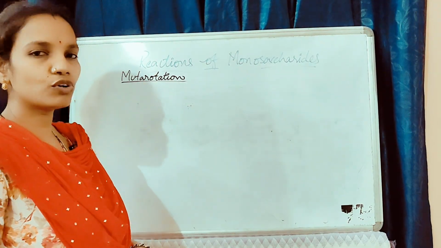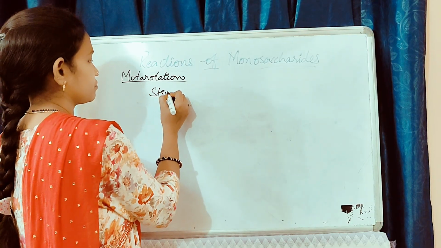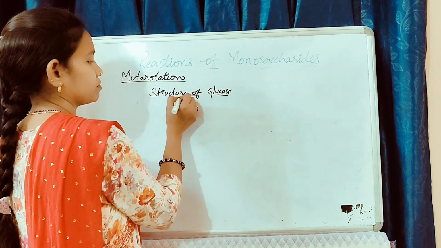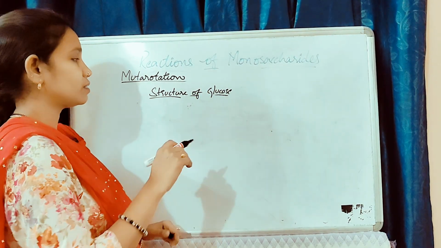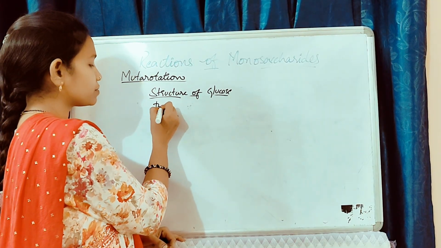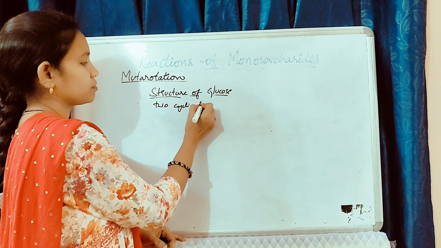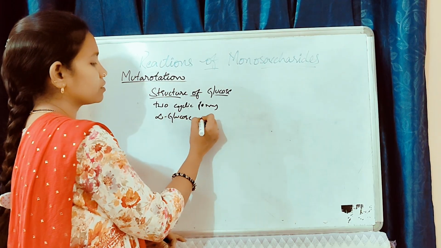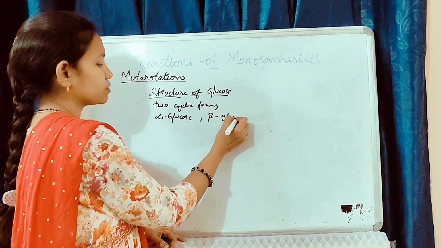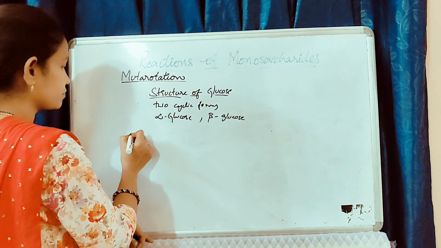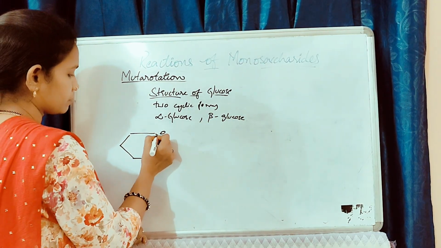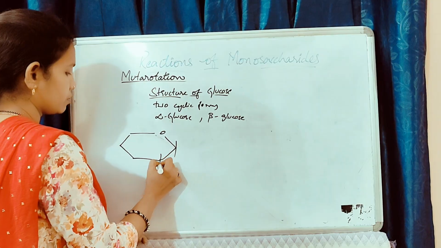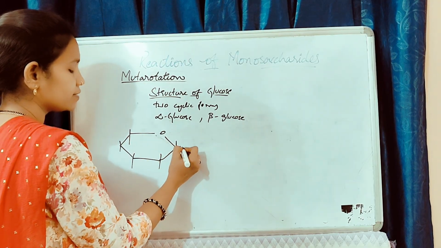Now coming to the structure of glucose. Here glucose mainly consists of two cyclic forms. Those are alpha glucose and beta glucose. Let's see the structures. This is the C1 carbon.